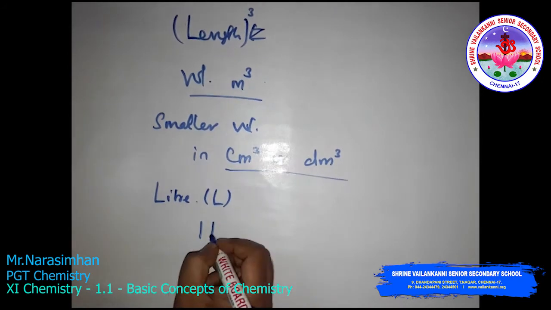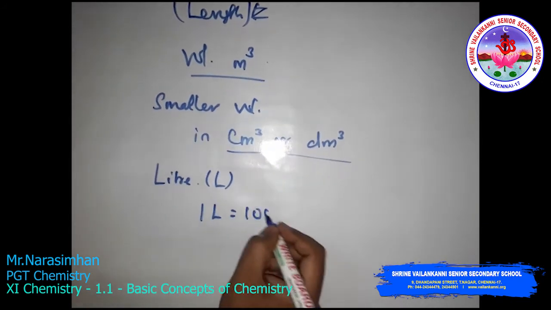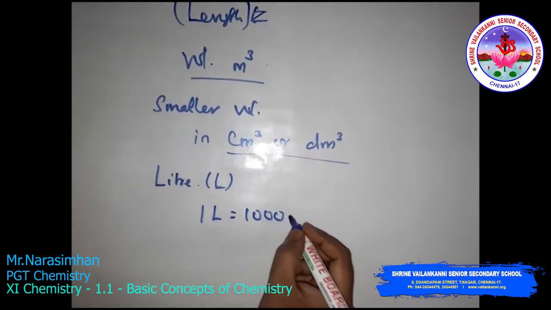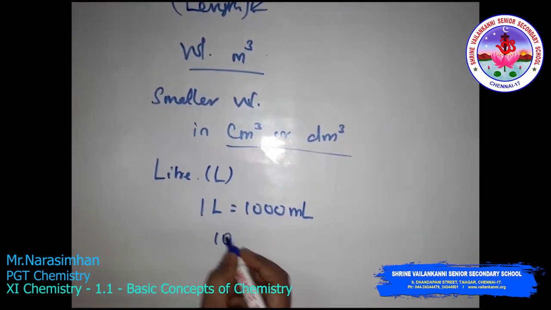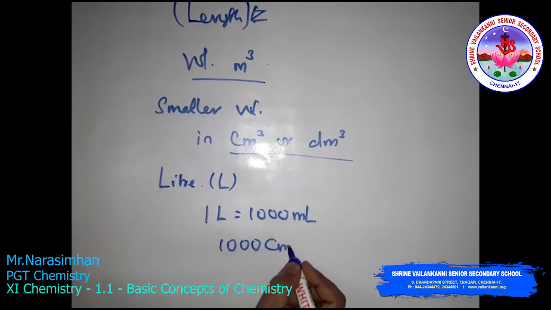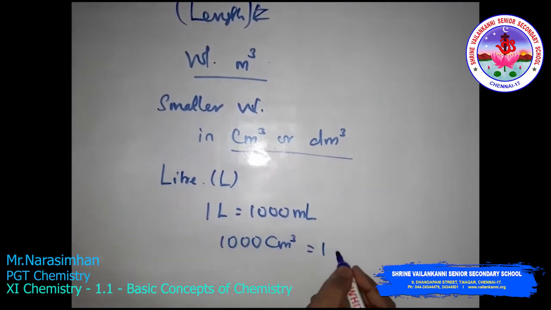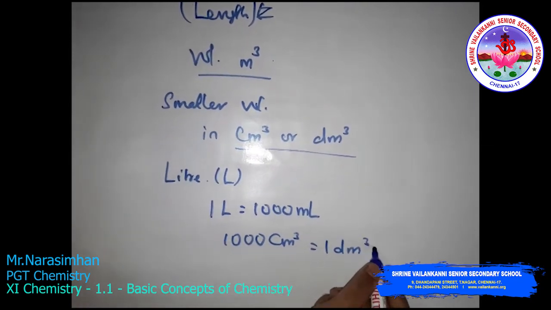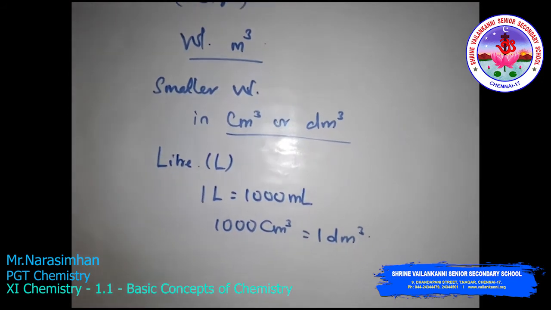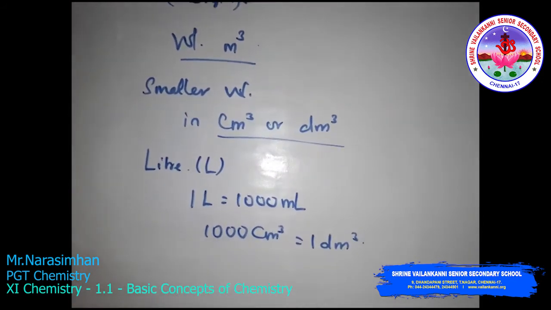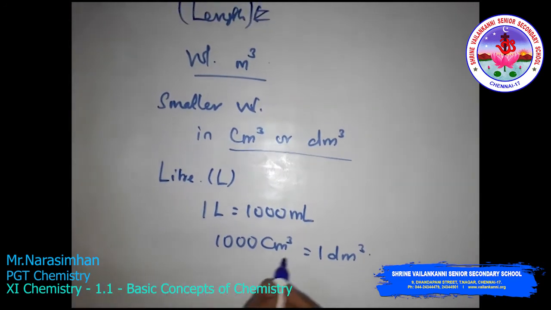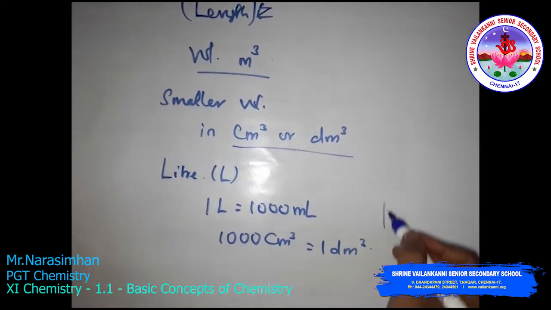So 1 liter is equal to 1000 milliliter. And 1000 centimeter cube is equal to 1 decimeter cube. For example, take a cube.